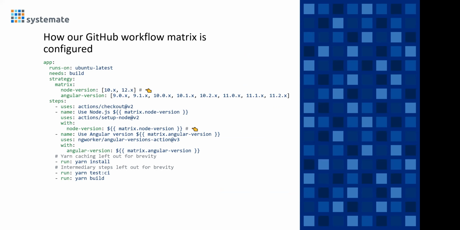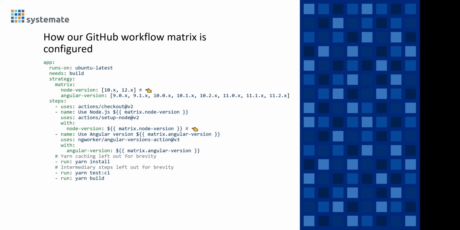And now let's look at how these matrices are configured in GitHub. If you have set something up on GitHub before, even if you're doing it in something like Azure DevOps, you know that there will be an action when using GitHub or a task when using Azure, for example, to set up a specific version of Node.